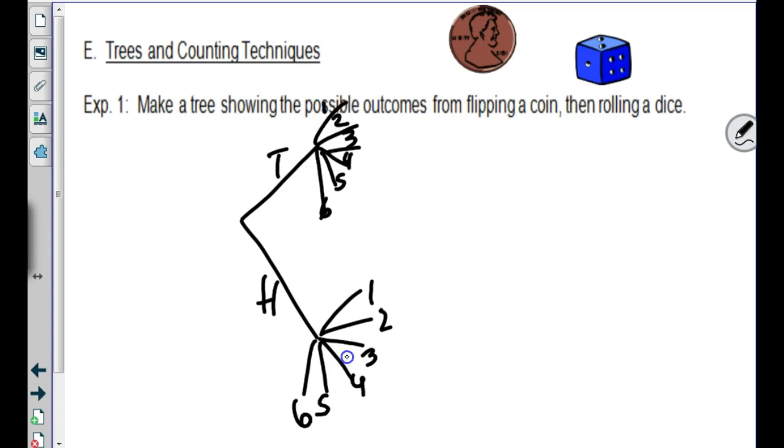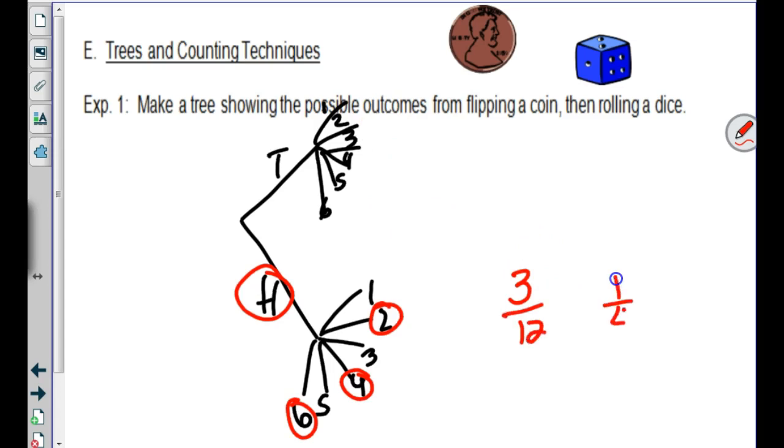All right. So if the question was now use your tree diagram to figure out the probability of getting heads with an even number, you'd say, well, this is heads with a 2, this is heads with a 4, this is heads with a 6. So there were 3 winners out of a total of, and then you count the total at the end here, which would have been 12.